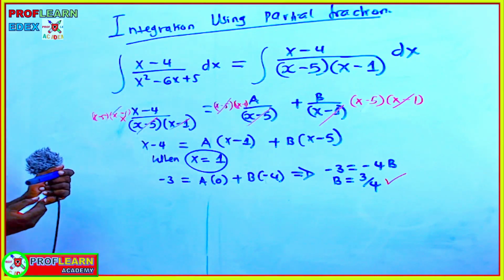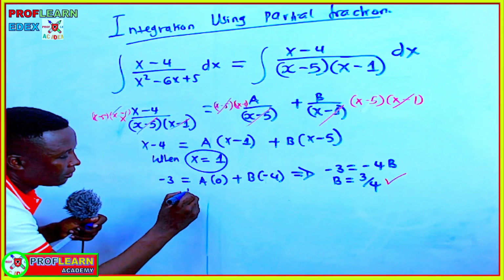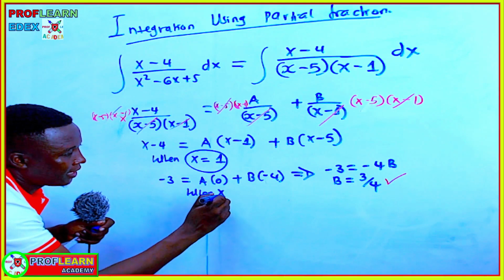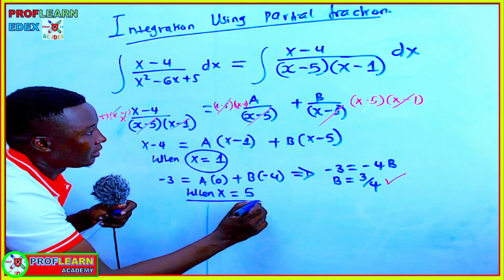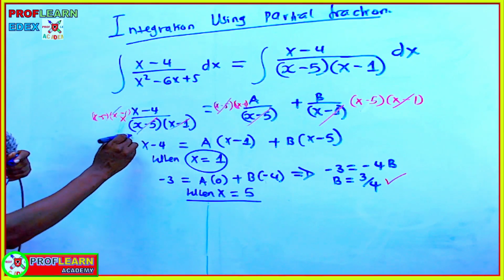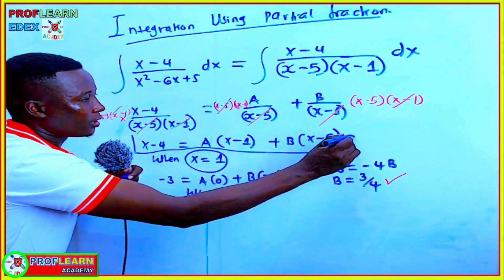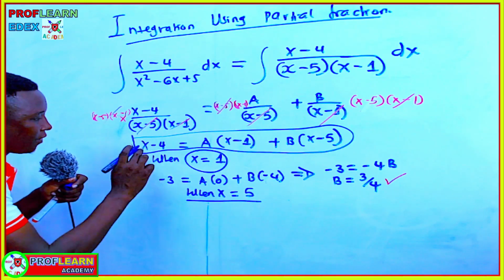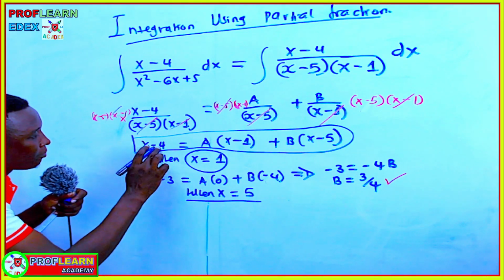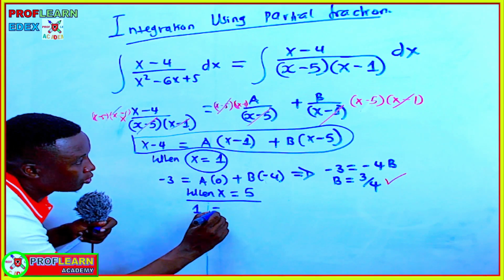Then the next one, when x is equal to 5, what is this expression going to be equivalent to? We substitute 5 into this. 5 minus 4 is actually equal to 1.